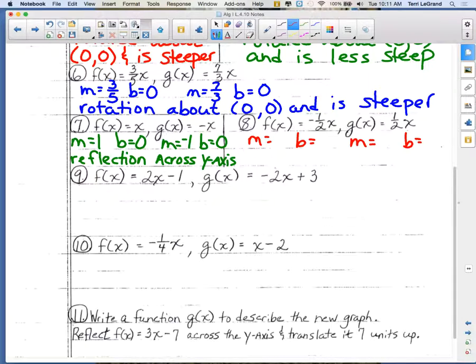Get that down. But we can transform other members of the family. It doesn't always have to be the parent function. So we're starting with another function that does not have a slope of 1 and a y-intercept of 0. It has a slope of negative 1/2 and a y-intercept of 0. The transformed function has a slope of 1/2 and a y-intercept of 0.